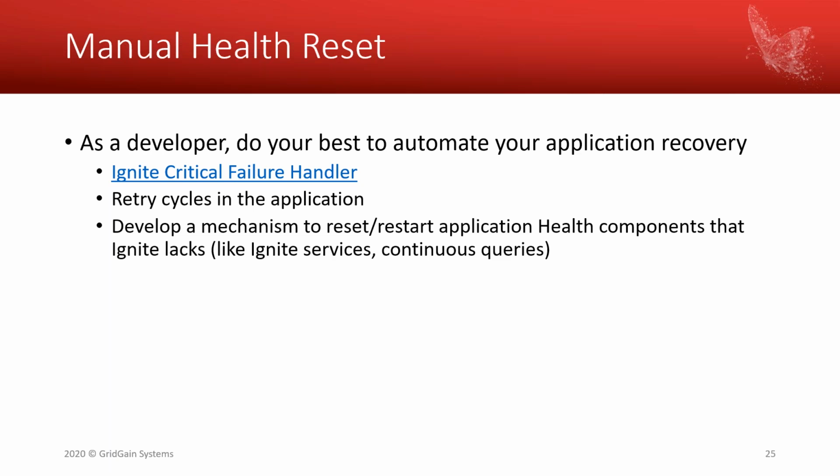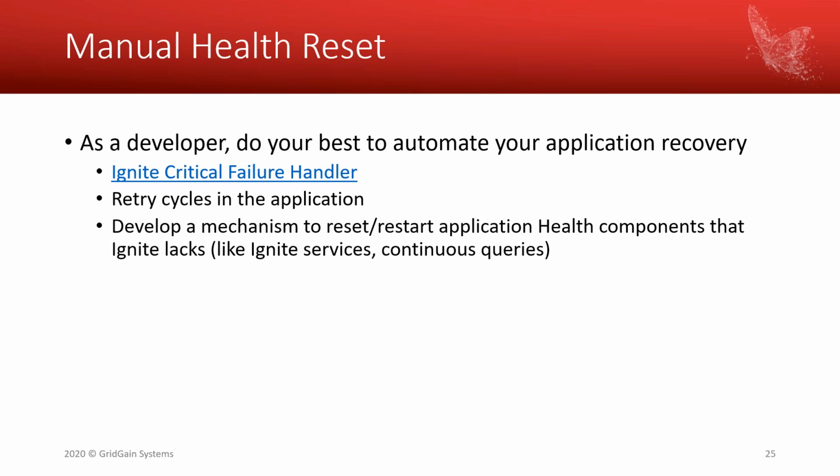If you cannot do automated health recovery, then you need to specify that your event requires manual recovery from DevOps. But do your best to automate recovery. So consider using Ignite critical failure handler. Just review documentation for details.